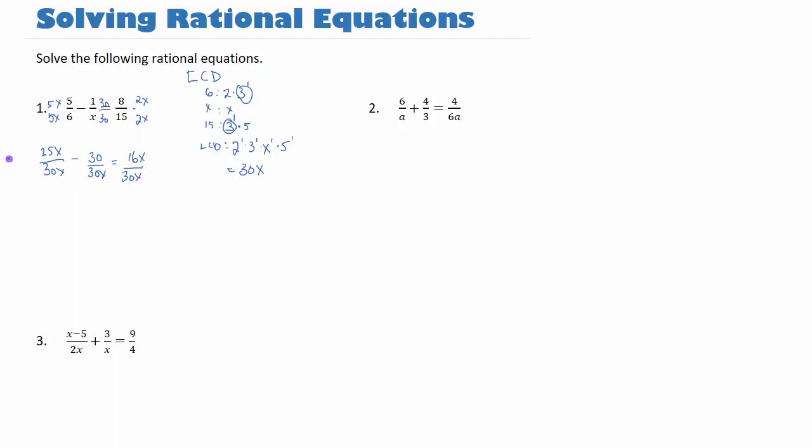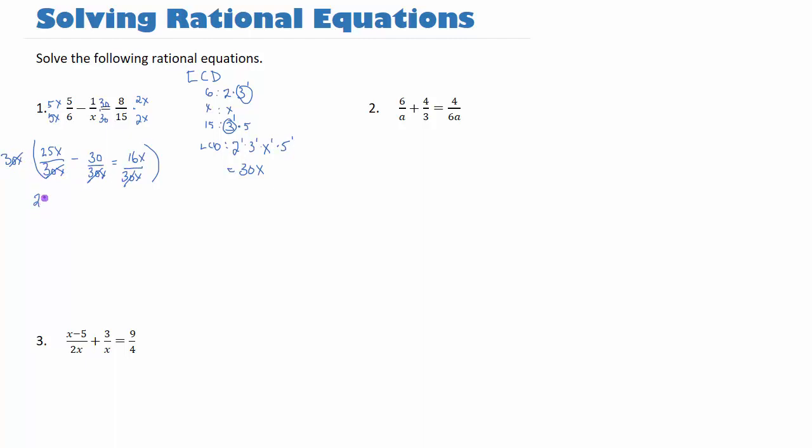But what we're really going to do here is multiply both sides by 30x. 30x times this divided by 30x, the 30x will cancel out. In fact, if I multiply 30x by each one of these, the numerator of 30x will cancel out with all these denominators. What you're really doing is eliminating the denominators by multiplying both sides by the LCD.